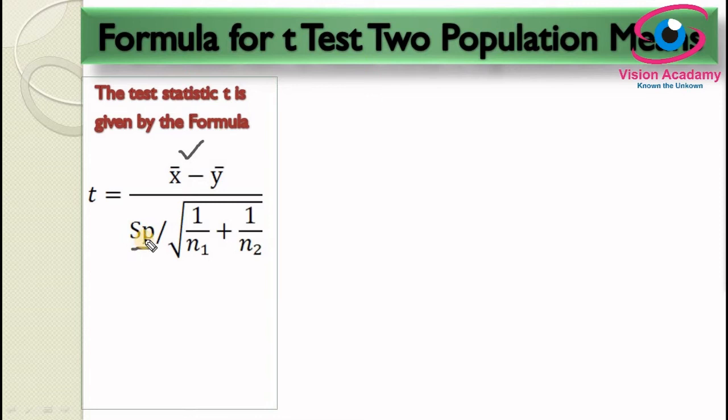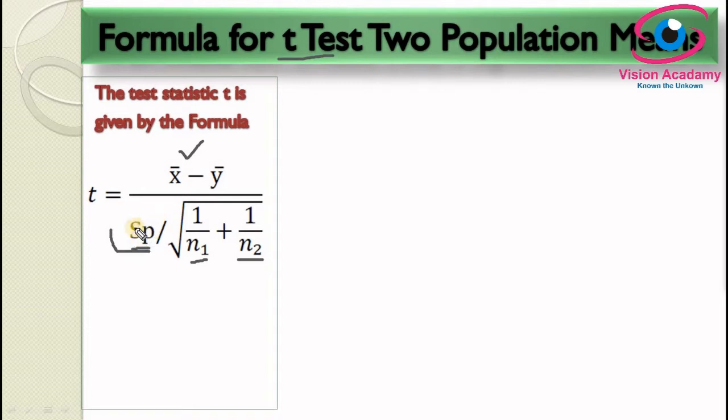So we are considering SP in the t-test, since we are unknown about the population standard deviation, and here the root of 1 by n1 plus 1 by n2. n1 is the sample size of population 1, n2 is the sample size of population 2. So it is very clear, since we have two populations, we have to calculate the mean of each population and the standard deviation of the samples of both populations. It must be equal, so we are going to calculate SP.